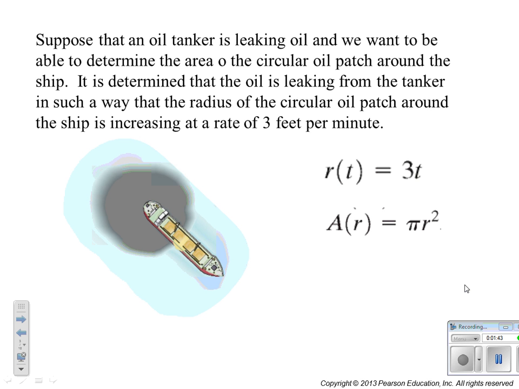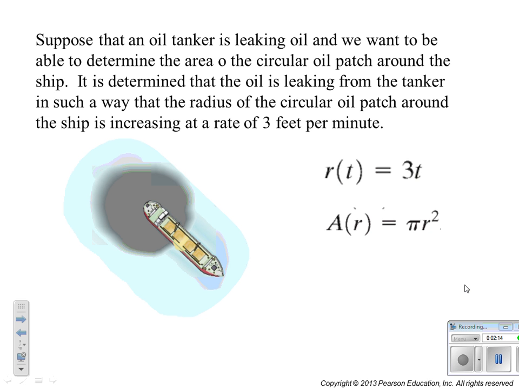The area of a circle is pi times your radius squared. So the area as a function of radius is pi times radius squared. Now what if I wanted area as a function of time? So I can predict if this oil tanker is allowed to leak for the next 20 minutes before my cleanup crew arrives, how big is my oil spill going to be?